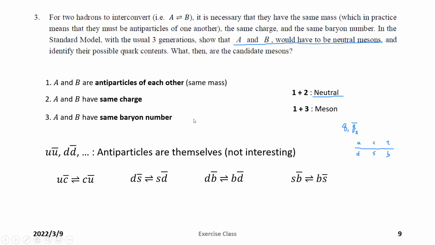And so we have only 4 cases remaining. And note that the top quark, because it's unstable, cannot form a bound state. So we are only left with 4 cases: the UC, DS, DB, and SB.